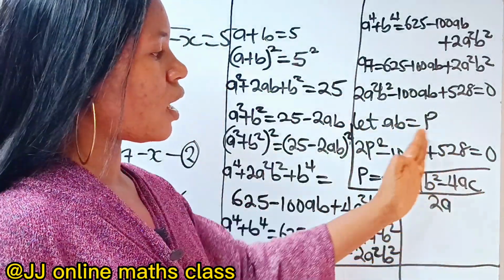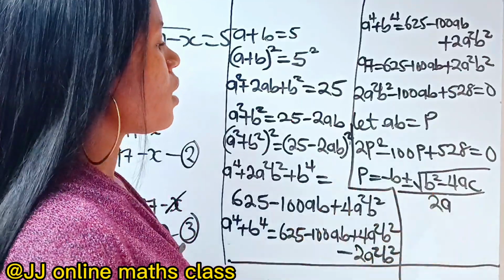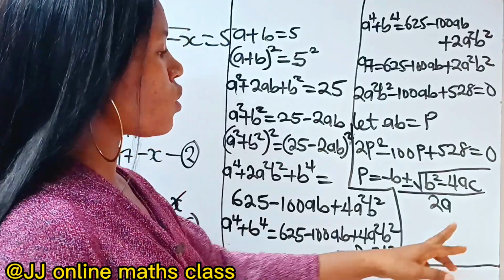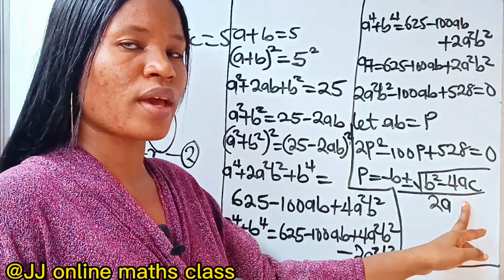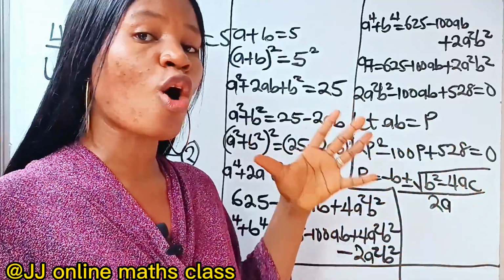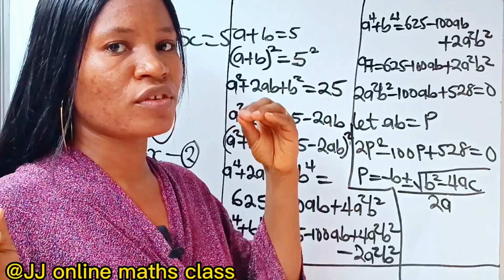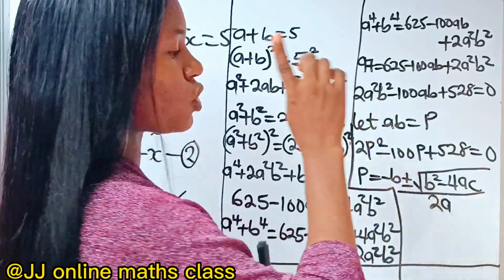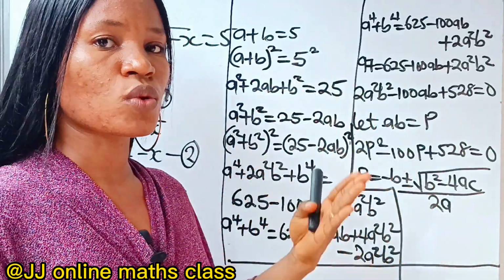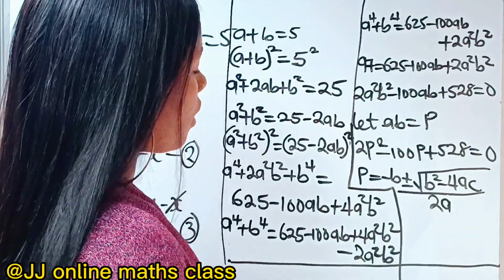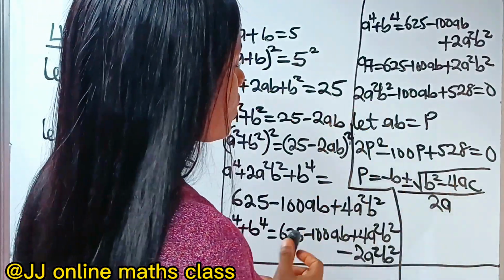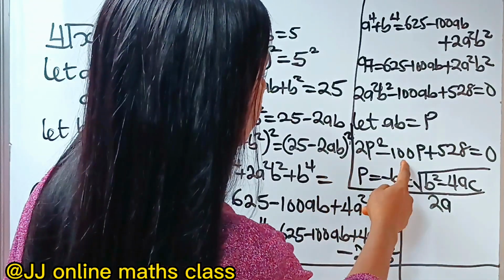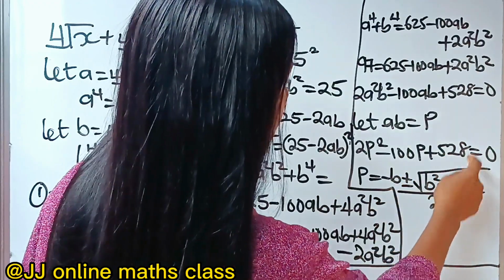So this is the quadratic equation formula. Now, what is the value of our A, our B, and our C? If you want to learn this in detail, I have a video here, the thumbnail says the almighty formula. You can check the video after this and learn in detail how to use the quadratic equation formula to solve your quadratic equation. Now in this case, what is our A? Our A is 2, our B is minus 100, and our C is 528.